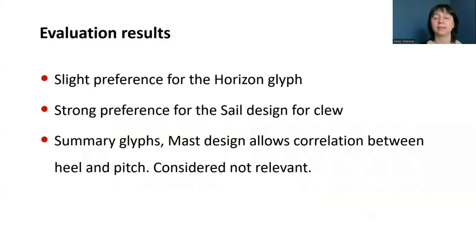The results of this evaluation gave that there is a slight preference for the horizon glyph based on the bias, but also on the preference of the users themselves. There is a strong preference for the sail design to represent the clue. And for the summary glyph, the mast design is able to show the correlation between the variables, but actually the sailors and the coaches didn't identify them as being very relevant for the tasks they were wanting to perform.